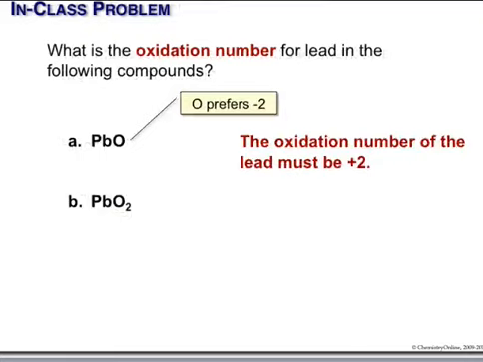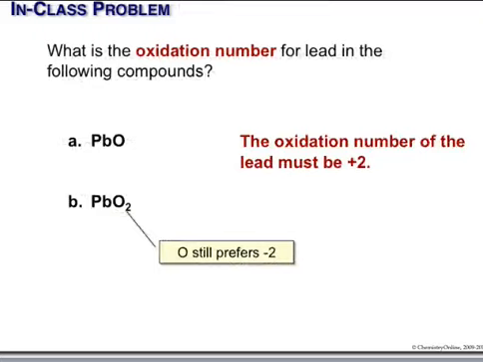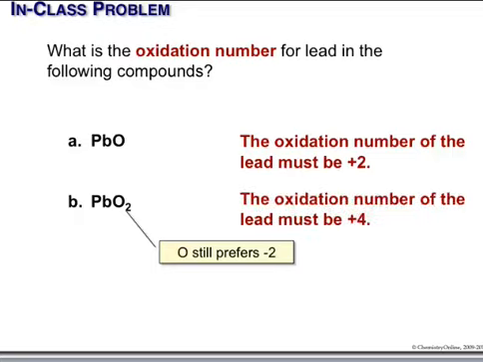Once again, our oxygen is going to be a -2. That gives us 4 negatives. That means the charge, or the oxidation number, of the lead must be +4.